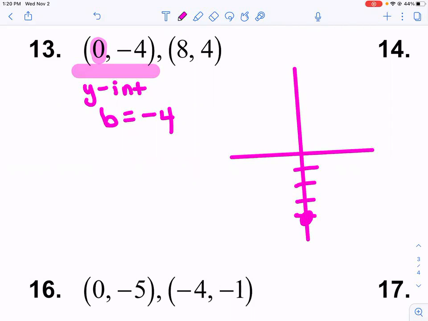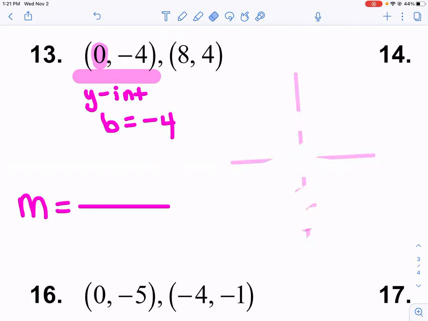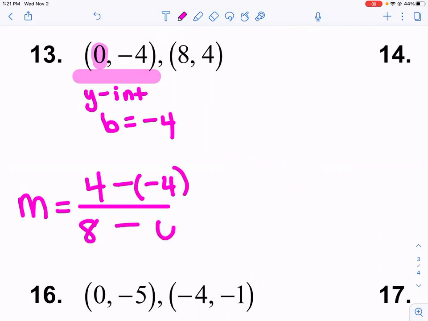Okay. Well, what else do we need to know in order to be able to give y equals mx plus b? There is some subtraction involved and some division. The y minus y over x minus x.